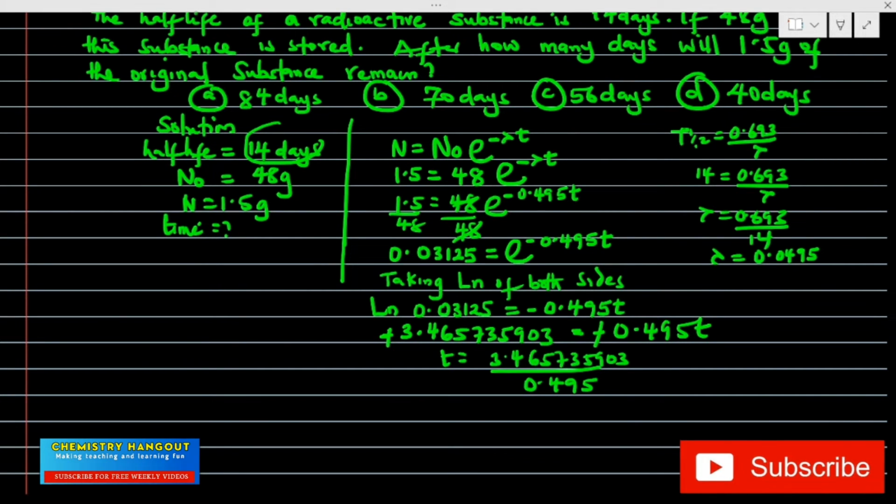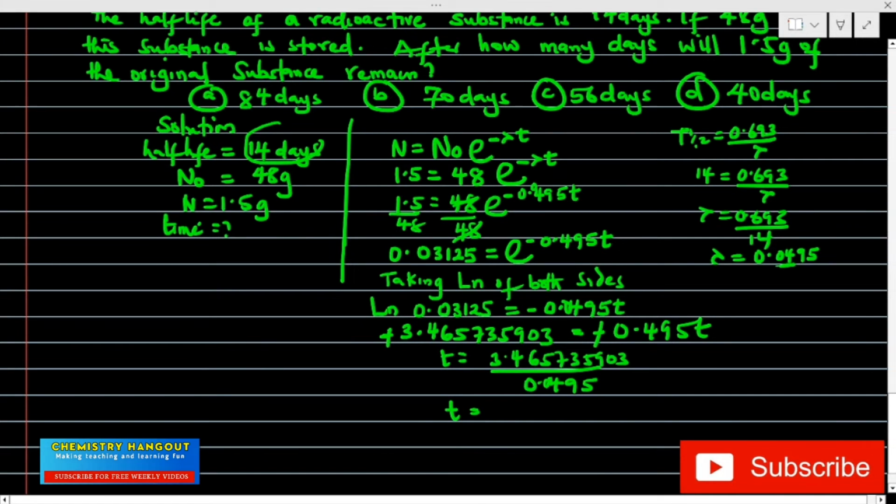Oh, I'm seeing a mistake. I just saw 0.0. There's an omission here because this is the lambda, 0.0495. So let's see what our t is going to give us.